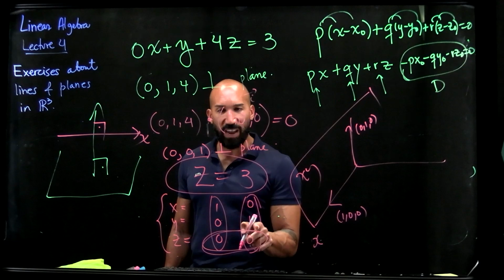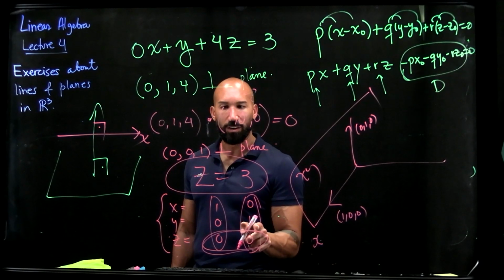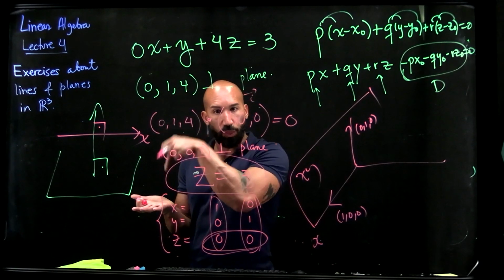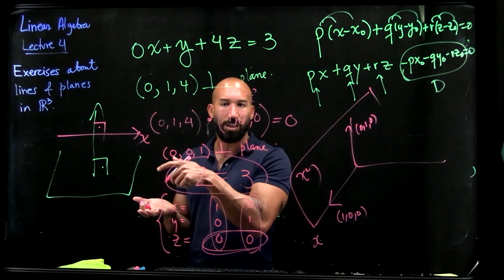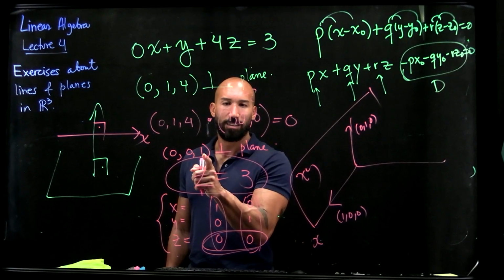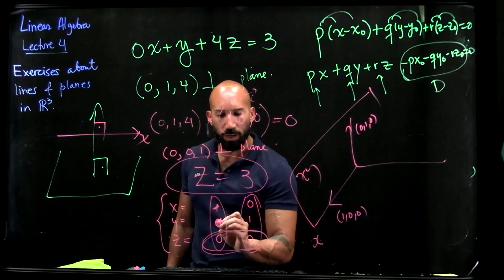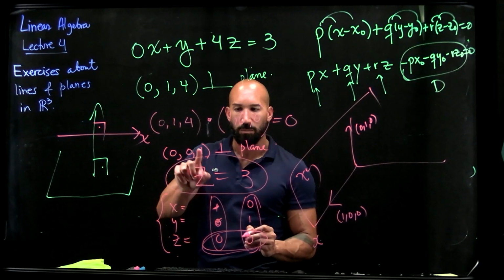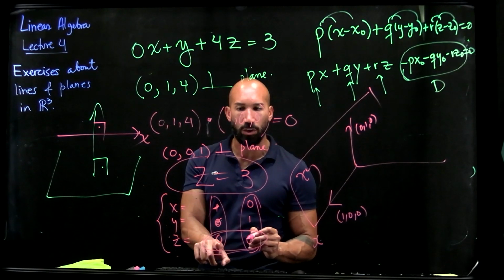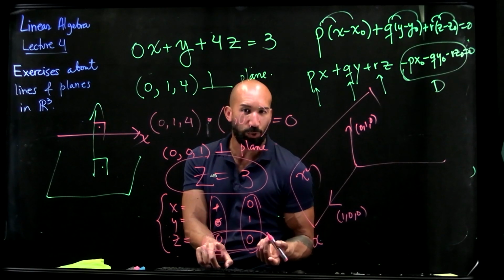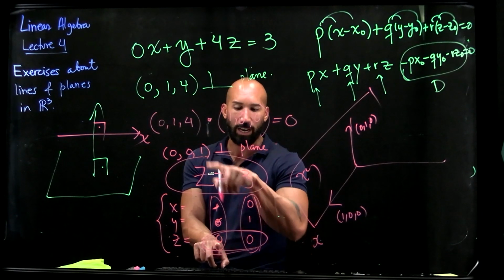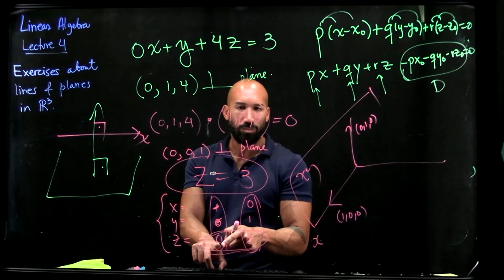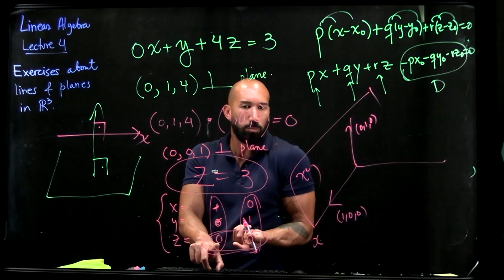So the vectors that are parallel now here, if these two vectors are parallel to the plane and this one is orthogonal to the plane, well, it doesn't matter the value here, because these two zeros are going to vanish. But this one is taking just the third component. For that dot product to be 0, I cannot have any value here different from 0, because this one times that value is going to be that value, and my dot product is not going to be 0.